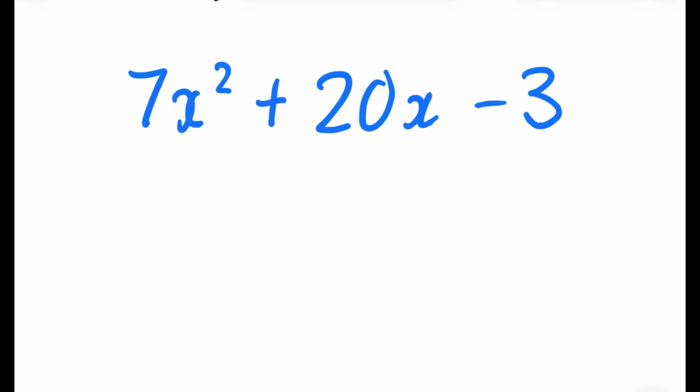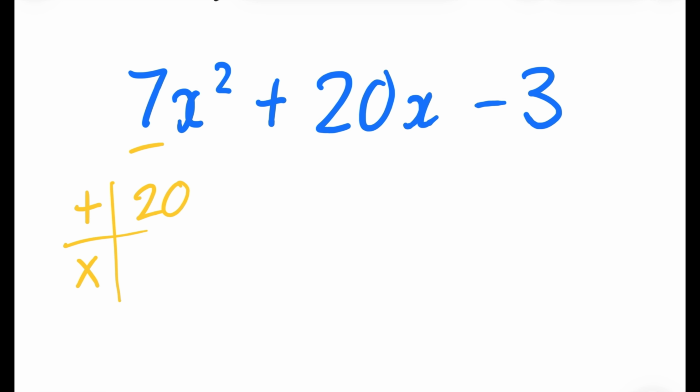Now, the second case is what happens if it's not 1. So we have a case here, 7x squared plus 20x minus 3. How do we go about doing this? Well, we again draw a little table, and this is such a great way of visualising how to factorise. Our plus term is just going to be the b component again, the bx, so the 20.